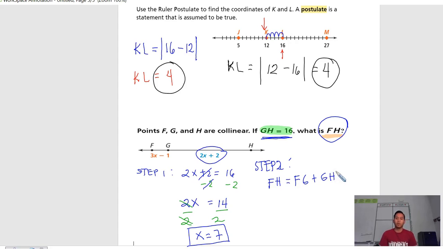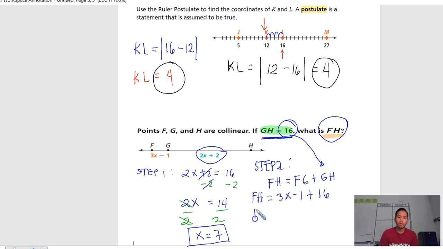All right, so if we are going to solve for that, FH is equal now to, what is our FG? FG is 3x minus 1 plus the value of GH, which is, remember, 16.